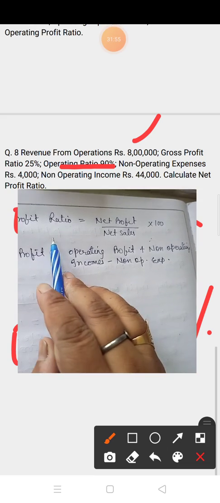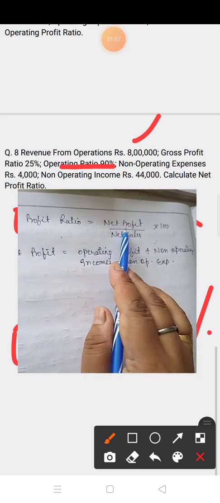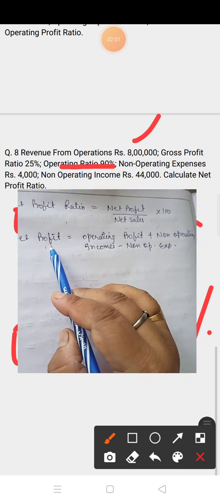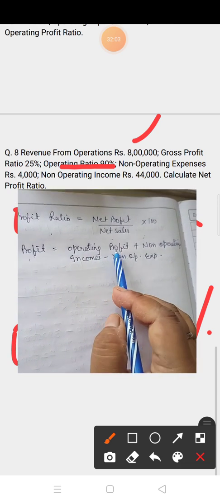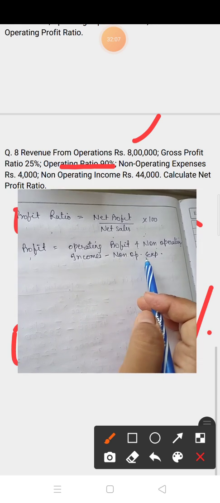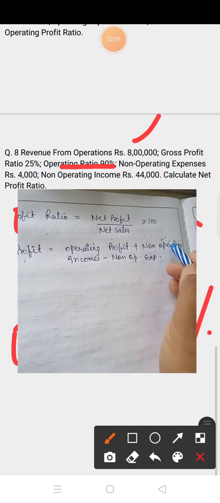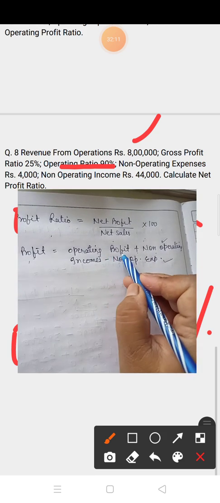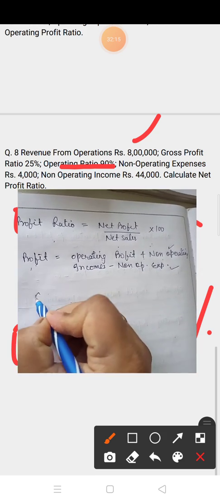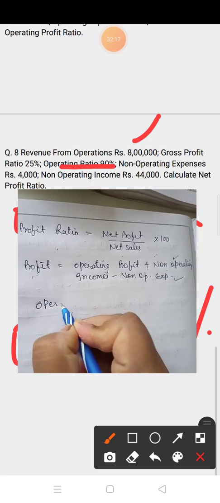See, net profit ratio is equal to net profit upon net sale into 100. Net profit you have to calculate, and the formula is operating profit plus non-operating income minus non-operating expenses. These two are given, you have to calculate operating profit. So for this only percentage is given, so apply the percentage.